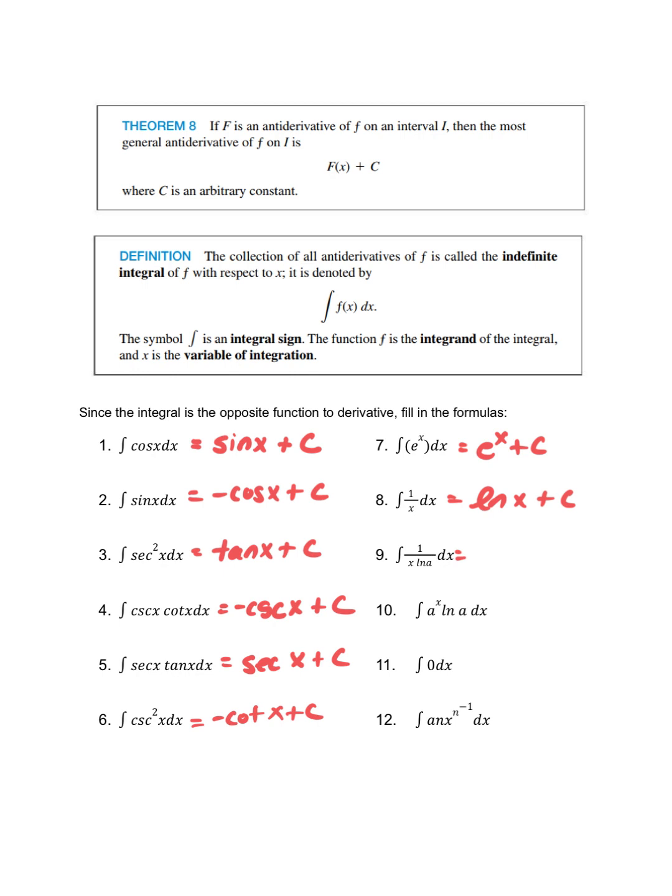This next one is infrequently used, but we know that this would be the derivative of log base a of x. Remember, the derivative of log base a of x is 1 over x times ln of a. So that's that going backwards. The antiderivative of a to the x ln of a is a to the x.